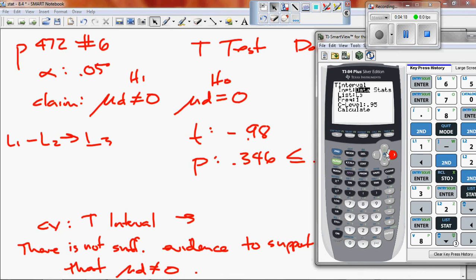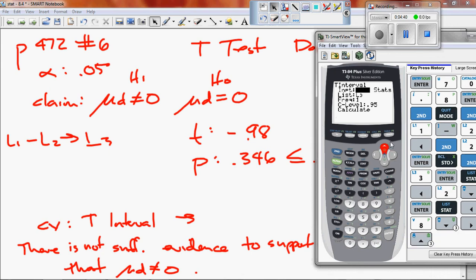So actually let's do this. We have to construct the confidence interval in part B of this problem, the 95% confidence interval. So let's go back up to stats. We're going to find the critical value first.